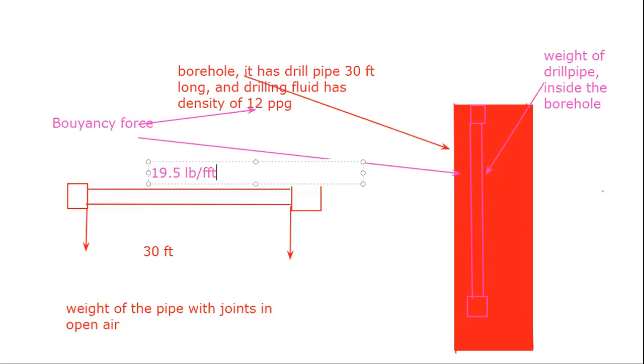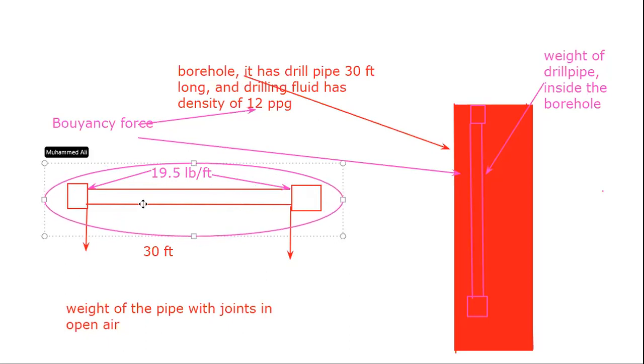We are talking about the weight of this section. It starts from here and ends here. Now, when we calculate the overall weight of this pipe, we have to adjust the weight of tool joints also.